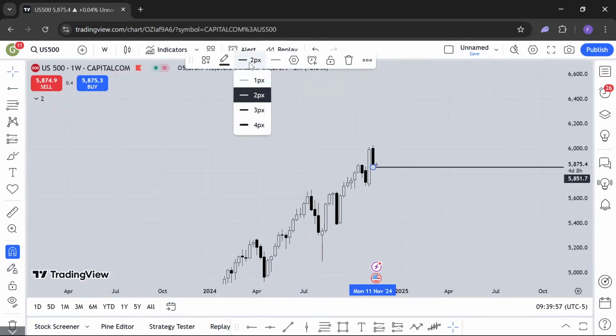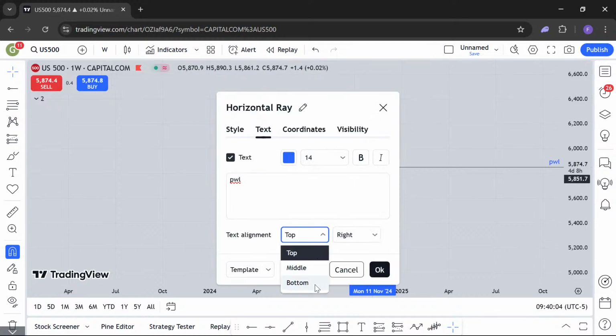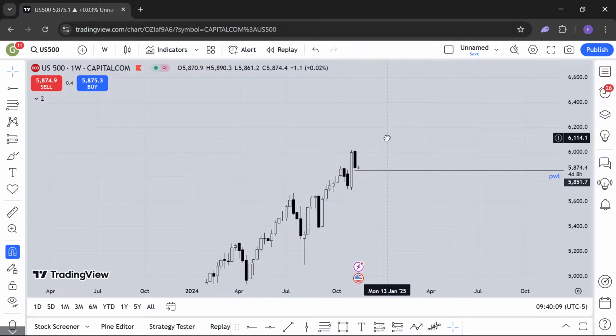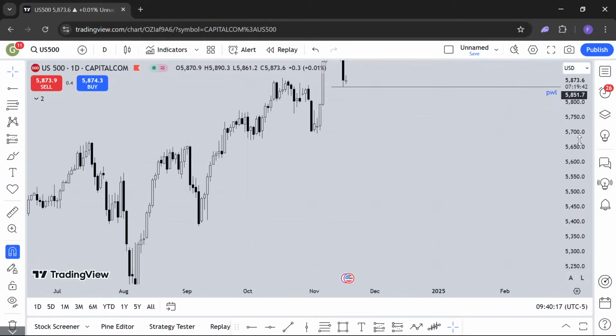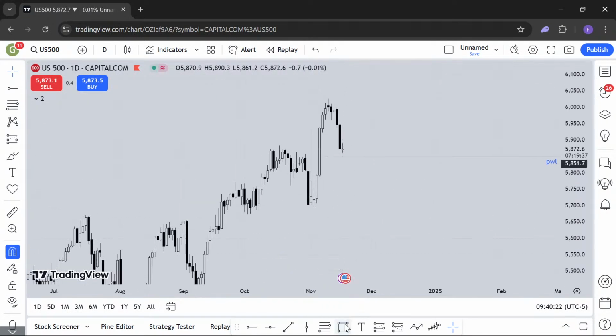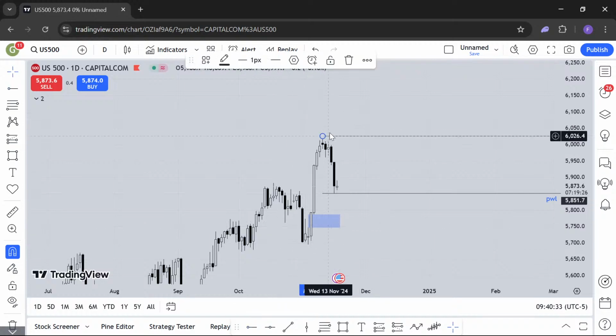Just below here we have the previous weekly low. And we also have this imbalance resting here. So above here we have the previous weekly high, which was Monday's high for the previous week.